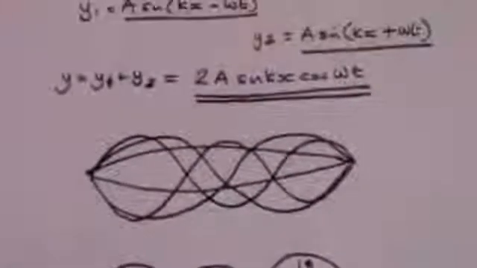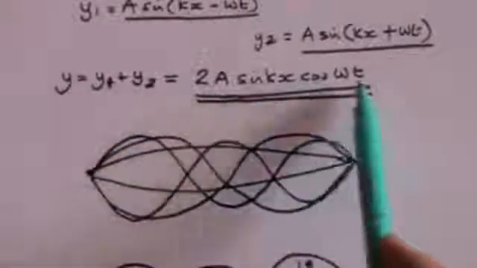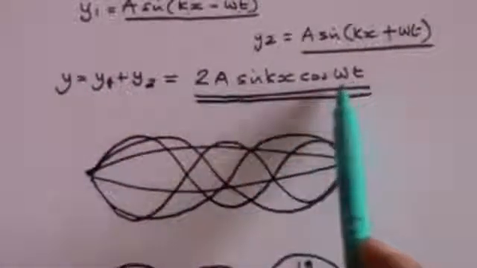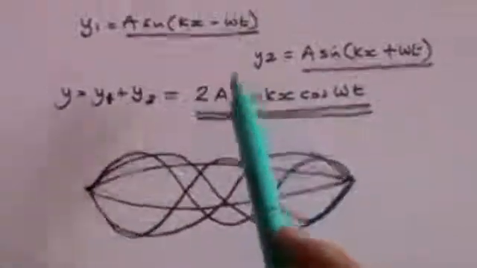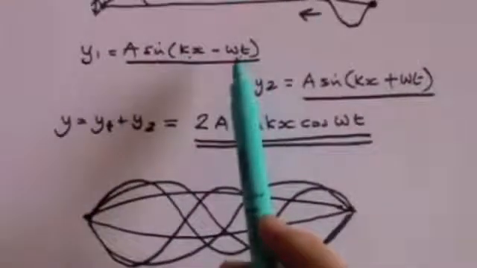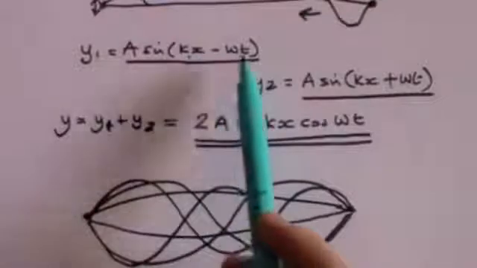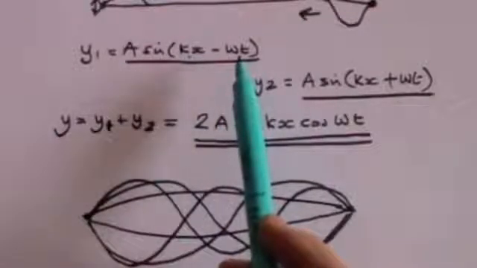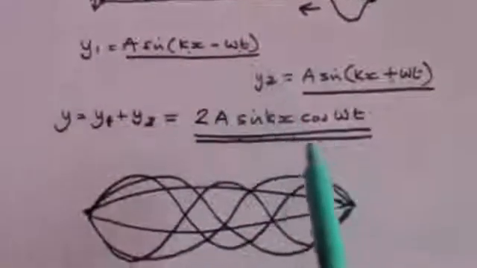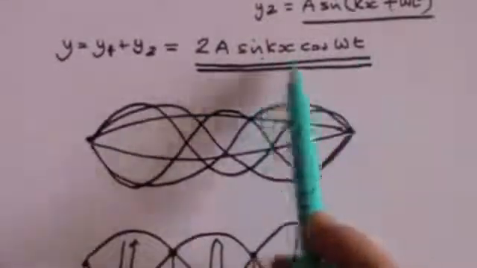If we look again at our formula for a standing wave, you'll see that you no longer have a kx minus omega t term. And it was the kx minus omega t that gave you the travelling wave. Well, there isn't a kx minus omega t anymore.